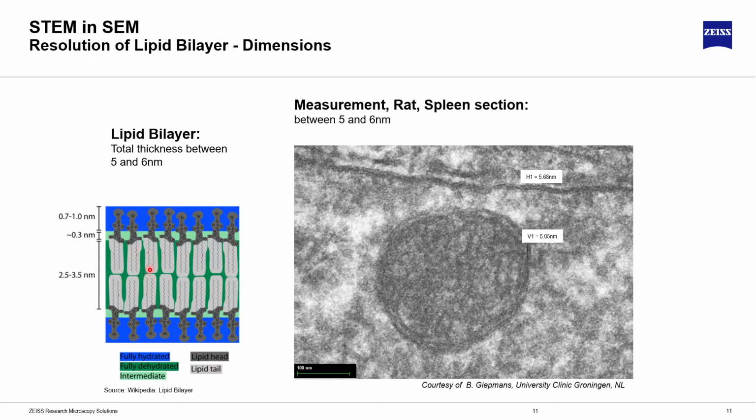The internal tails, or the hydrophobic tails, are around 2.5 to 3.5 nanometers, and the hydrophilic head of this part of the layer is around 1 nanometer.